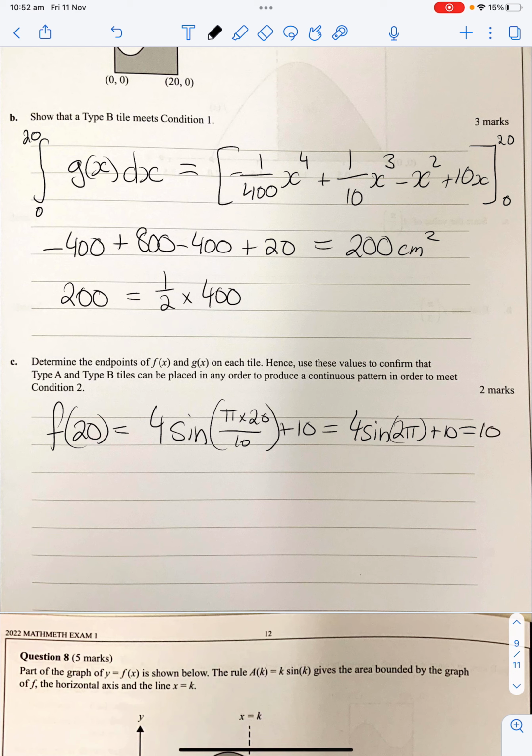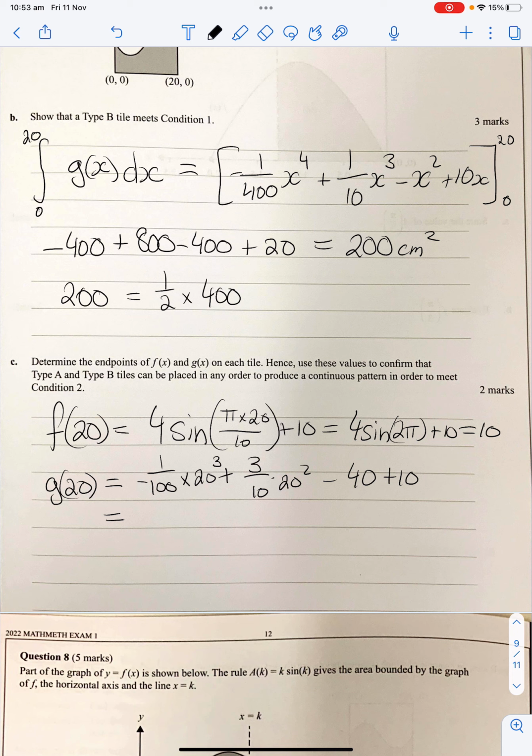And g of 20 is equal to negative 1 over 100 times 20 cubed plus 3 over 10 20 squared minus 40 plus 10.